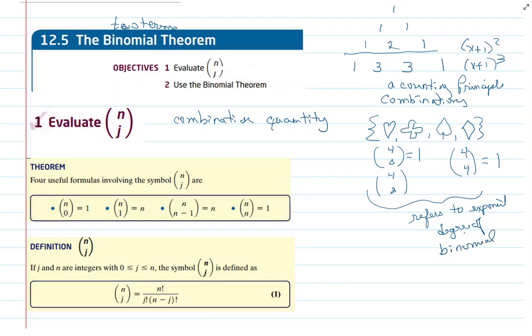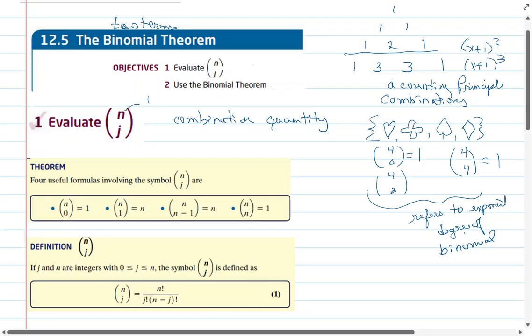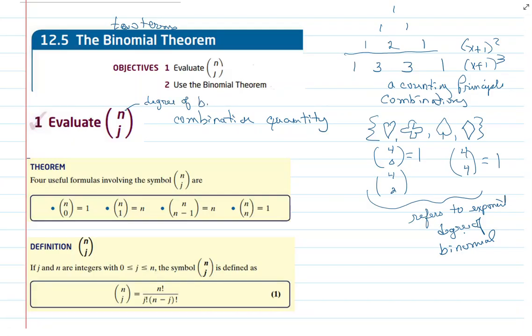That's very critical that you understand that. We're talking the degree of that exponential, the binomial raised to an exponent, is the degree of the entire thing. That is the n. All right, and the j is the term location.